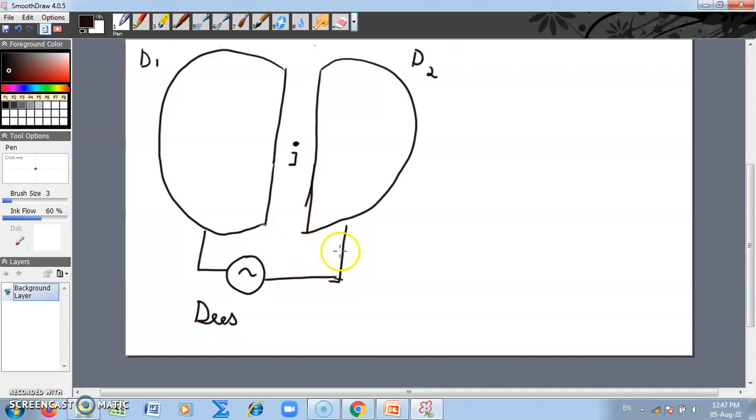And a magnetic field is also applied perpendicular to the plane of this page, from the back side to the front side of the page, or from the front side to the back side. So we will look at the working in the next part of today's class.